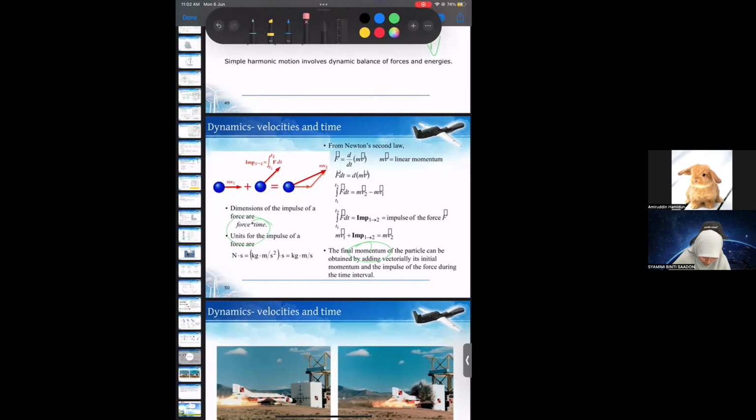So the momentum of the particle is the initial momentum plus the impulse. Impulse is force multiplied with time.